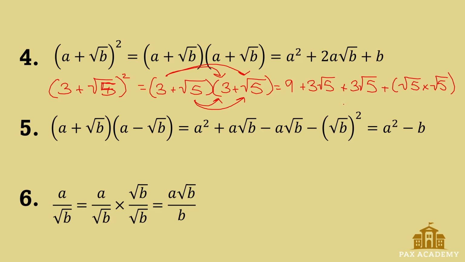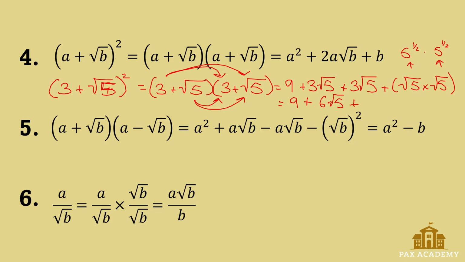Okay, so let's try and simplify this. So 9 stays the same. Then we have plus 3 square root of 5 plus 3 square root of 5, so this is equal to plus 6 square root of 5. And then we have square root of 5 times square root of 5. Remember from the algebra rules, we can rewrite the square root of 5 as 5 to the power of 1 over 2.